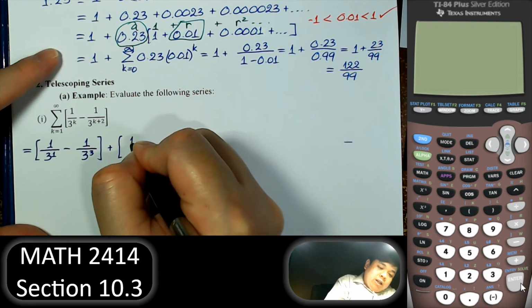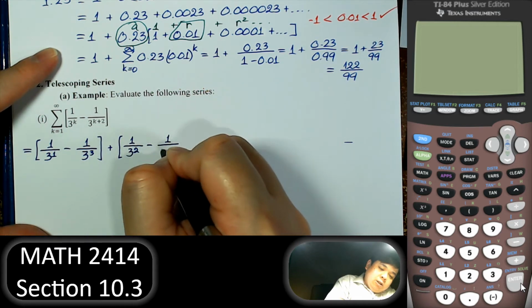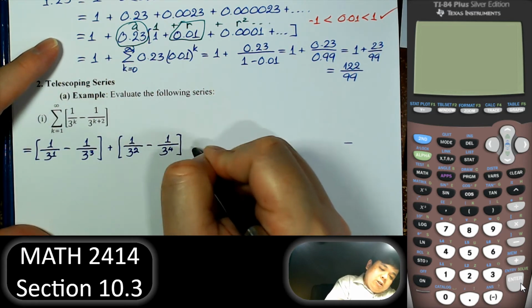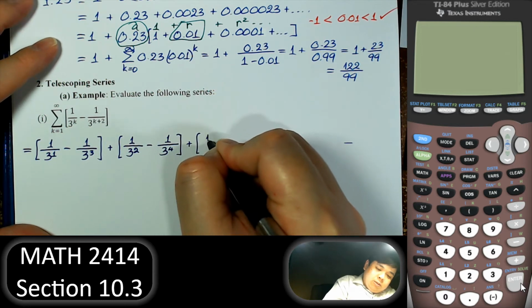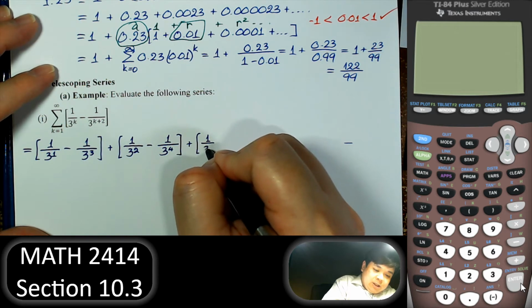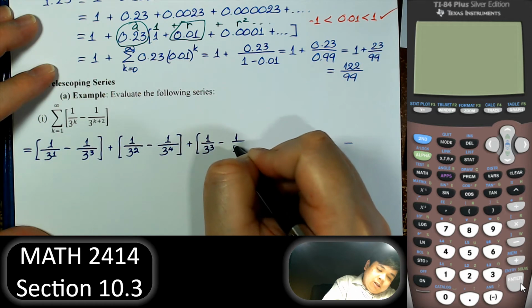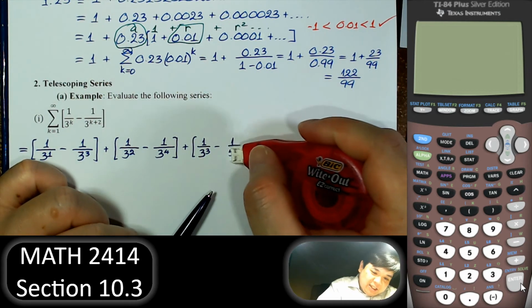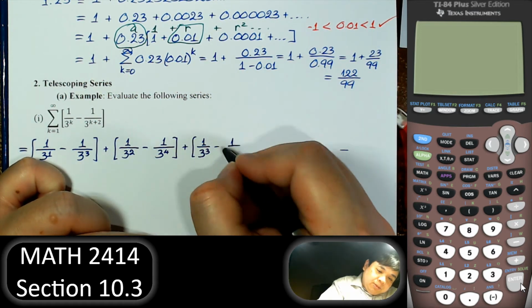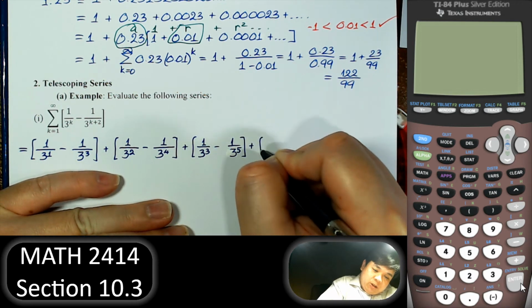Now put 2 in for k. Two plus 2 is 4. And now put 3 in. I'm going to do one more.